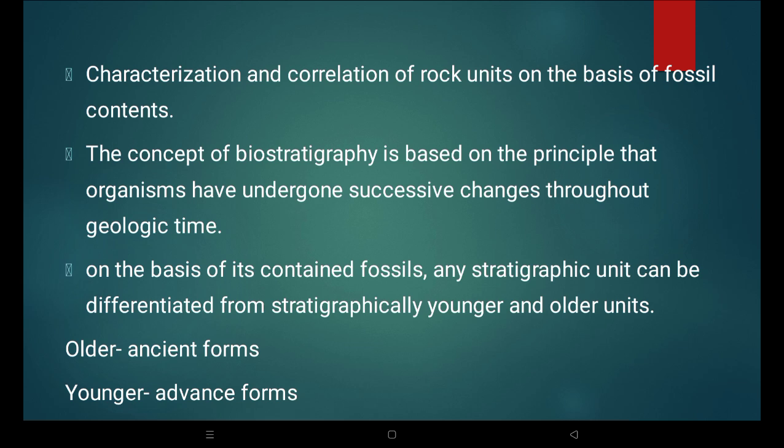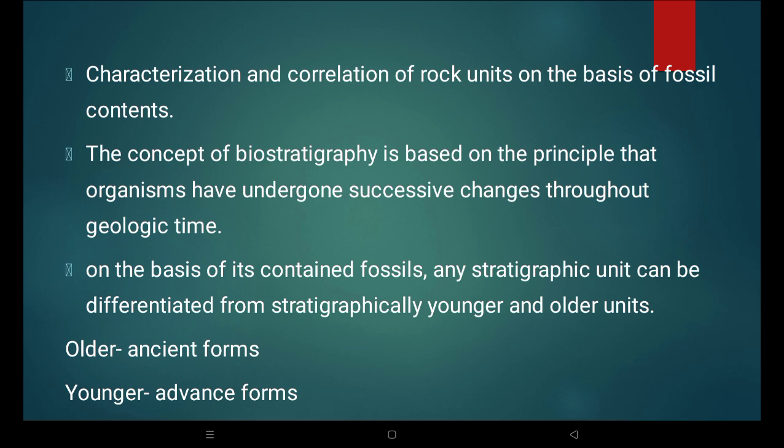The concept of biostratigraphy is based on the principle that organisms have undergone successive changes throughout the geological time scale. So this principle is known as what? This is a very well-known principle. The principle is known as the principle of faunal succession. It tells us that in ancient rock there will be older forms which are less evolved, whereas in younger strata we can find more advanced forms which have many specialized organs.